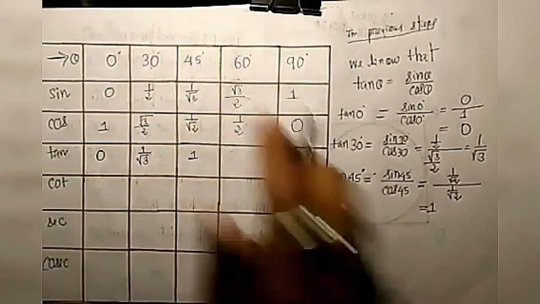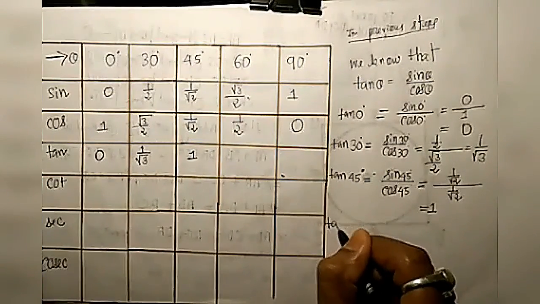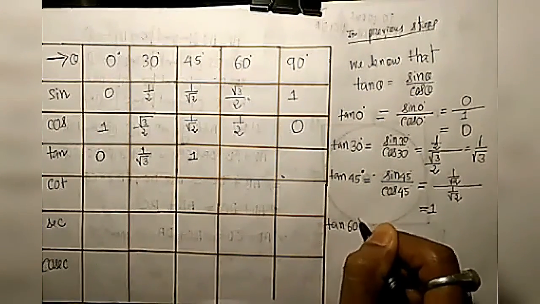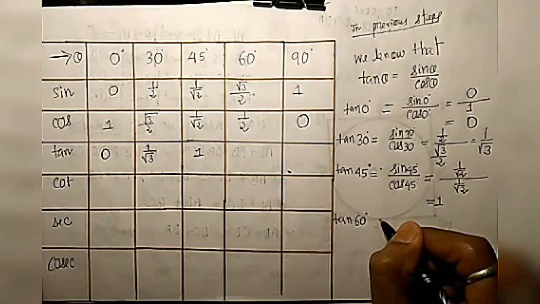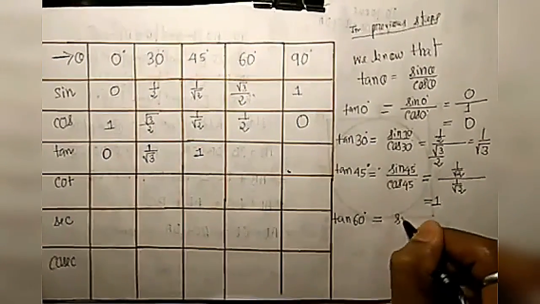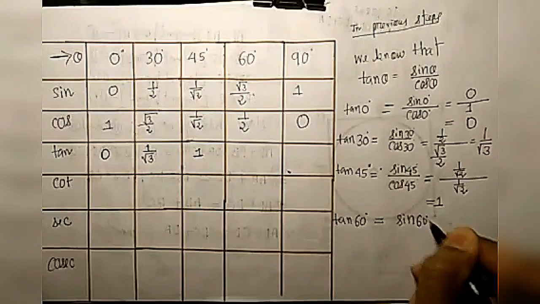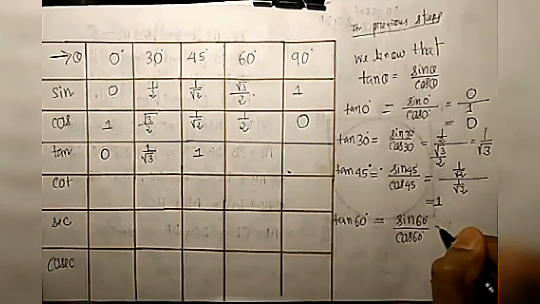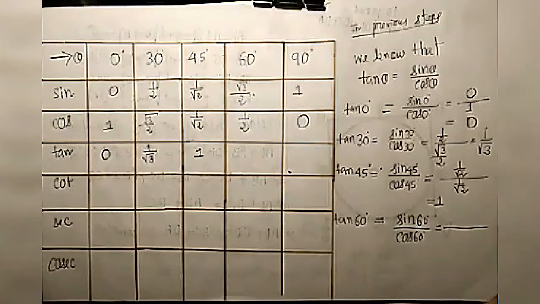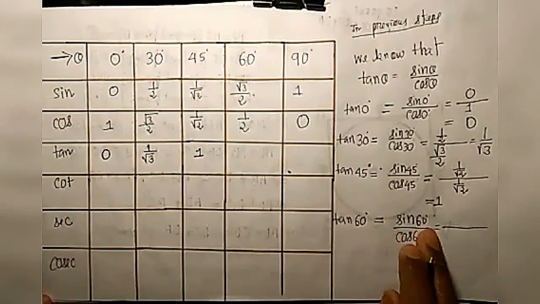Next, tan 60 degree is equal to sine 60 by cos 60. What is the value of sine 60?